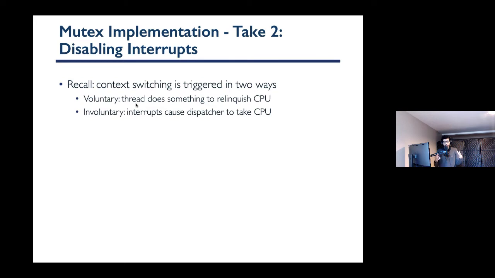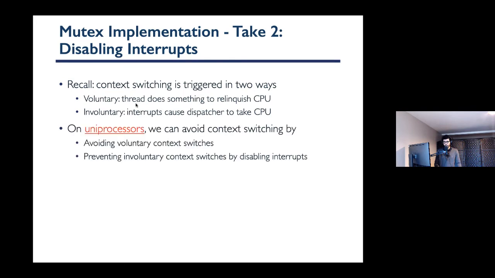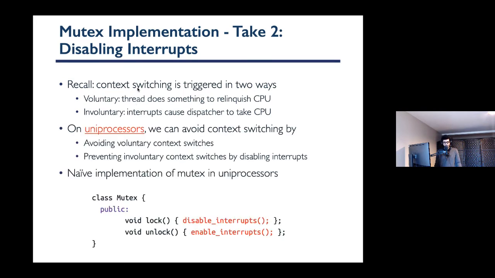So that way you pretty much set the stage for a thread to not be interrupted when it enters its critical section. And that's basically what we want to do. And this is how you would implement it in a naive way. So here is now moving from implementation take 1 to implementation take 2.